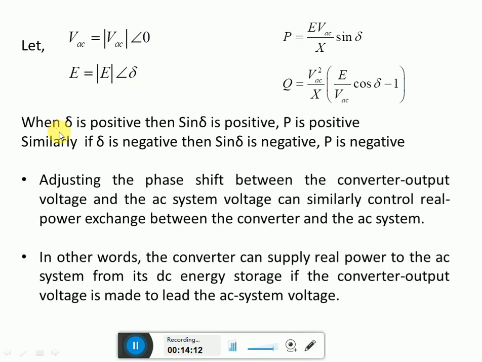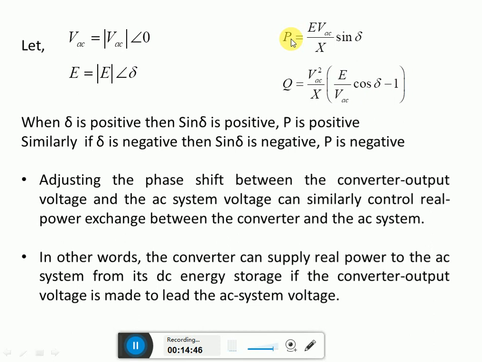Similarly, if delta is negative, then what happens? Our P becomes negative. If P is negative, what does that mean? It is absorbing the real power from the system. So the STATCOM is absorbing the real power from the system. This way real power transfer through the path is possible.